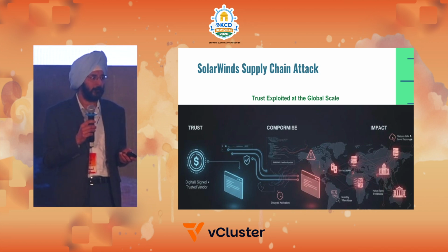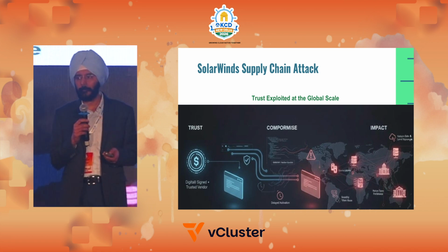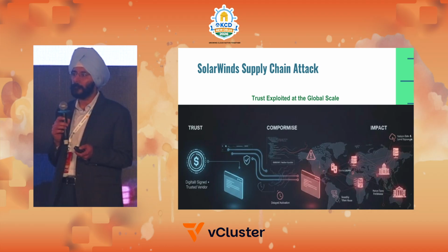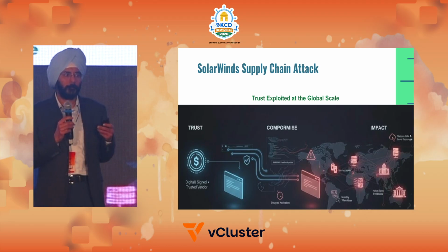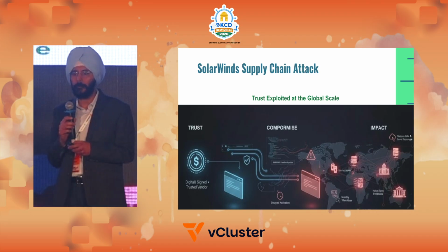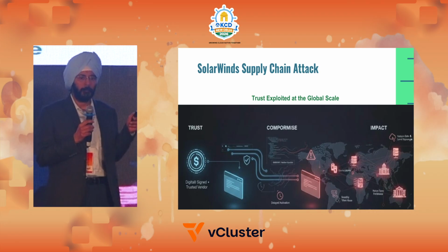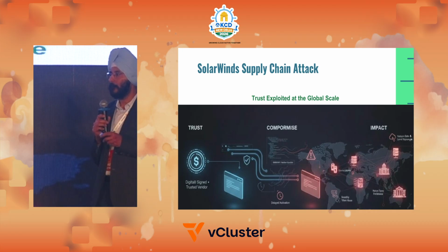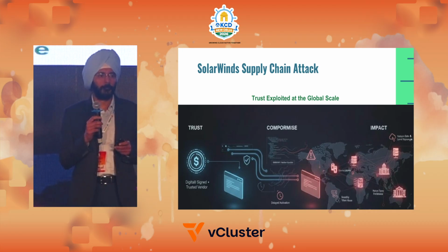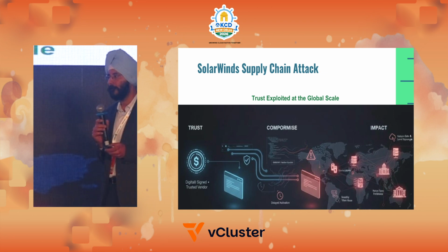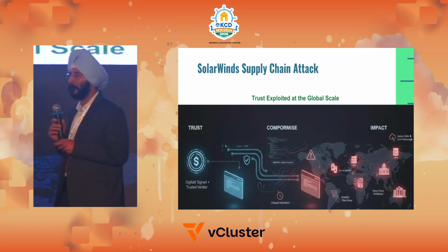I believe most of you would have heard about the SolarWinds attack that happened a few years back. The interesting thing is that the hackers did not attack the target systems directly. SolarWinds is a SaaS provider. They had the Orion software. The hackers infected that Orion software with malicious code. Hundreds and thousands of users, including US government departments, were using it, and their systems got impacted.